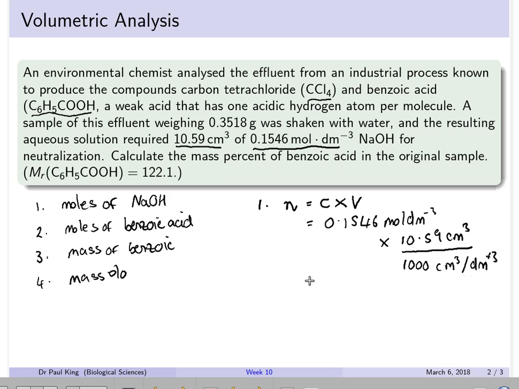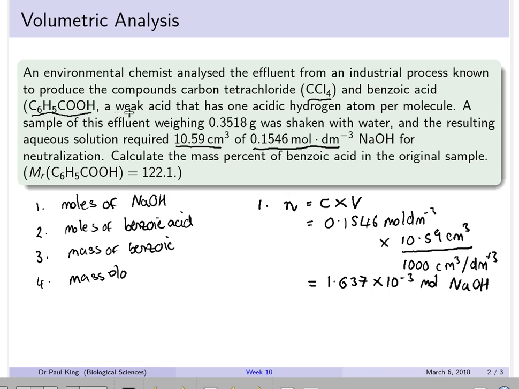Okay, so if we multiply those two numbers together, we get the number of moles of sodium hydroxide, which is 1.637 times 10 to the minus 3 moles of sodium hydroxide. Okay, that's point 1. How then do we work out the number of moles of benzoic acid present?